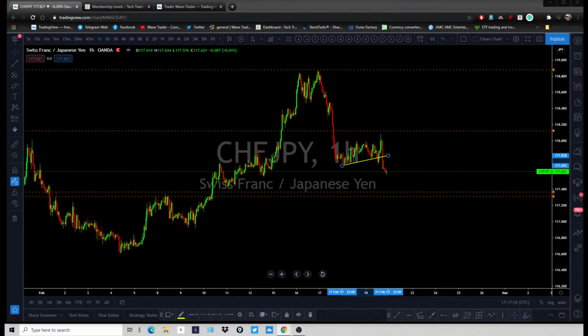So we already got that breakout. Let me check if I can get a chart quickly. We got a breakout on this chart too, and we are looking for this to keep dragging lower for more downside.